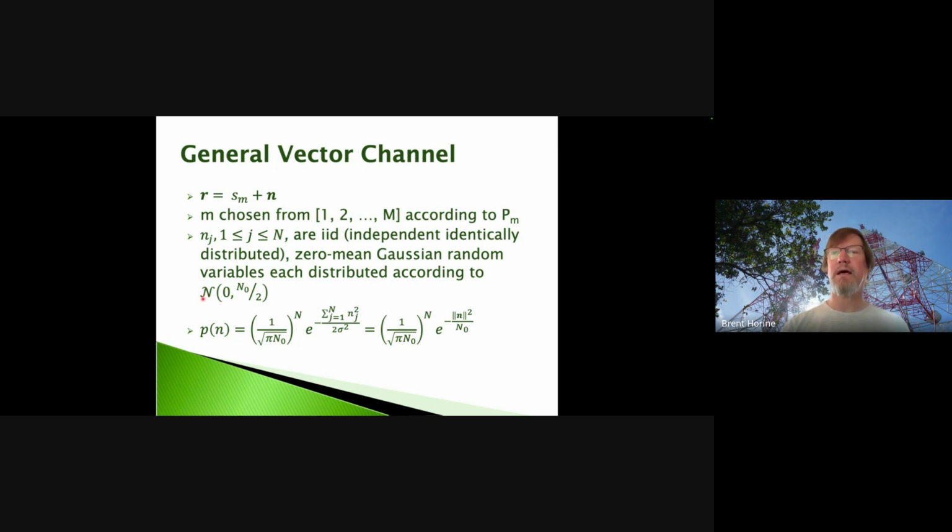So that's just saying this is a normal distribution random variable, otherwise known as Gaussian.